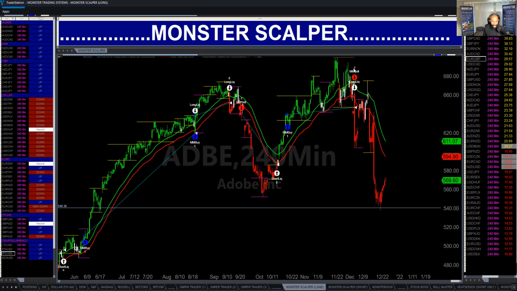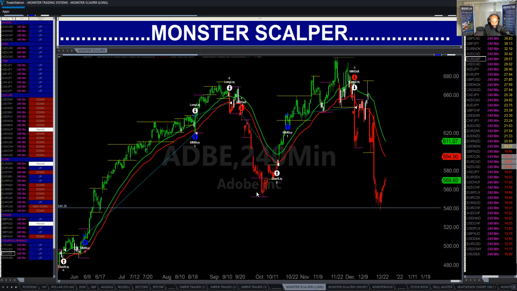We are going to buy at resistance, like right here, sell at support. If we're going to go short, we're going to sell short at support, and then buy back at resistance.